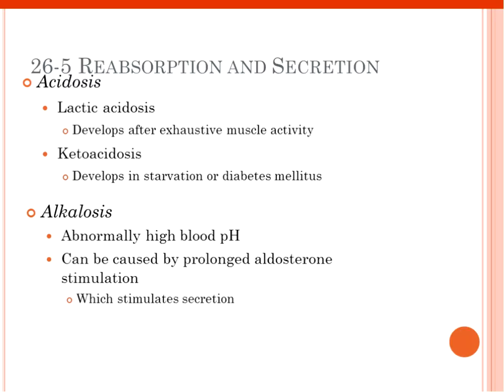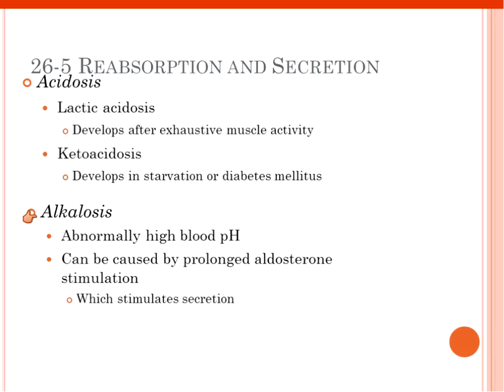Lactic acidosis. Acidosis happens to all of us, whether you're diabetic or not. Usually folks that are starving don't really have this issue. But that's just after exhaustive muscle activity. And your body does have mechanisms to get rid of that lactic acid buildup through the Cori cycle in your liver. Alkalosis is the opposite end of this.